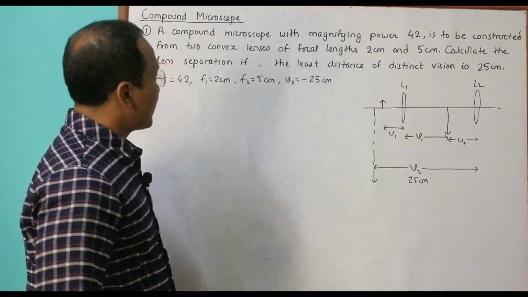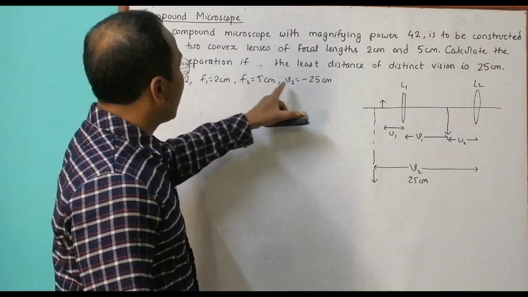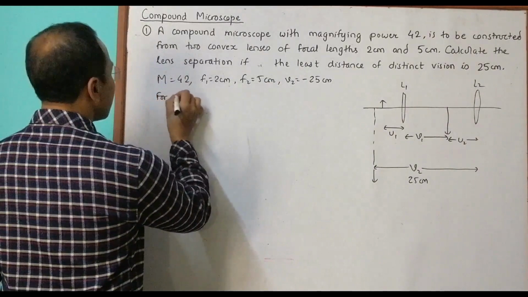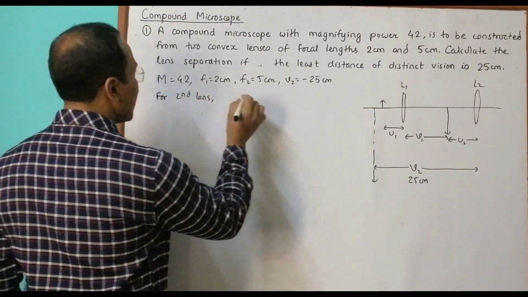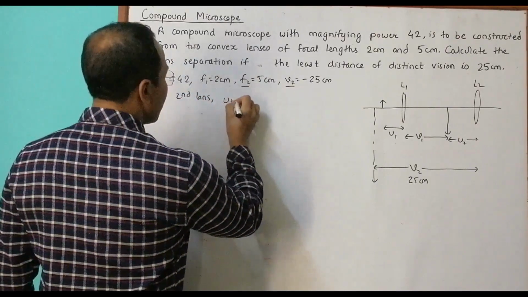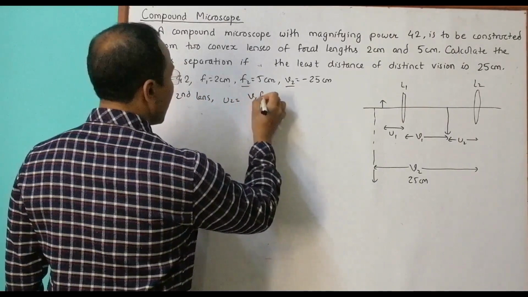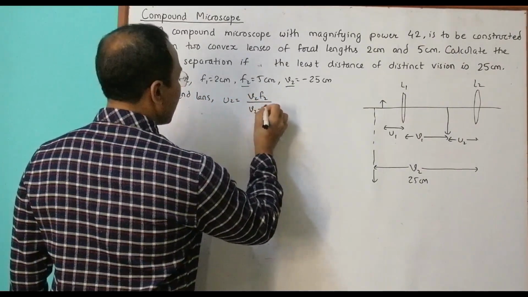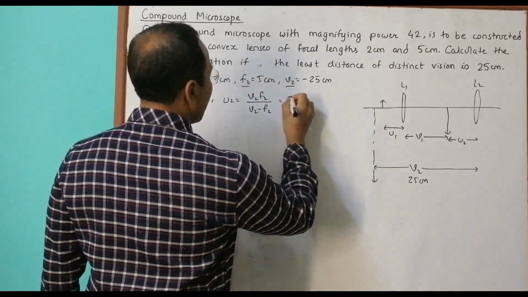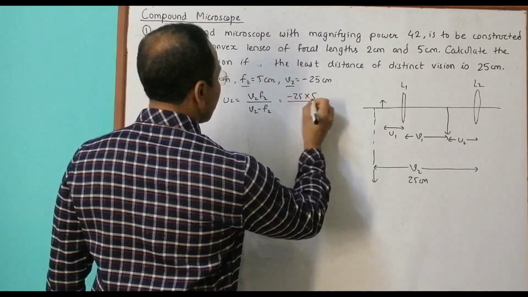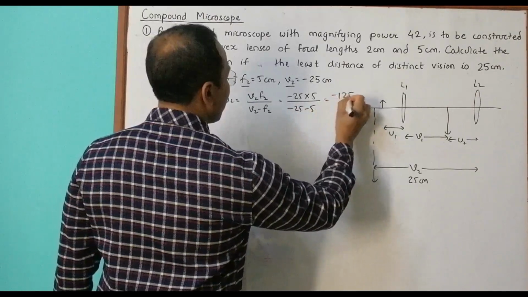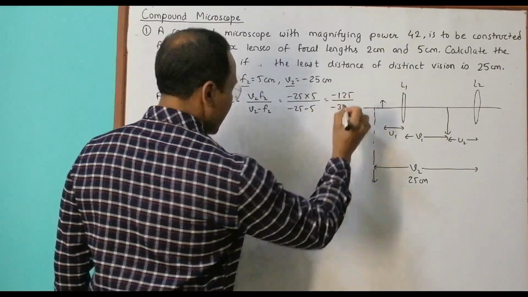From f2 and v2 I can find u2 for the second lens. So u2 is equal to v2 f2 divided by v2 minus f2, the final formula actually. That's equal to minus 25 into 5 divided by minus 25 minus 5, equal to minus 125 divided by minus 30.